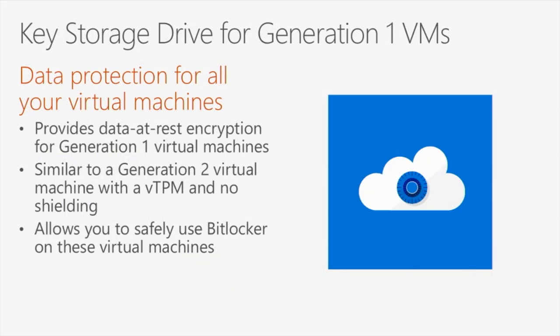On top of that, we're providing a solution for Generation 1 virtual machines, which don't have the virtual TPM. Now this is not shielding, and it is not as strong as shielding, but when we talked to a lot of people, they came back and said, hey, the shielded virtual machine story is really cool, however, we have workloads that don't run in Generation 2 virtual machines, and we have a regulatory compliance requirement to say that our data is encrypted at rest.